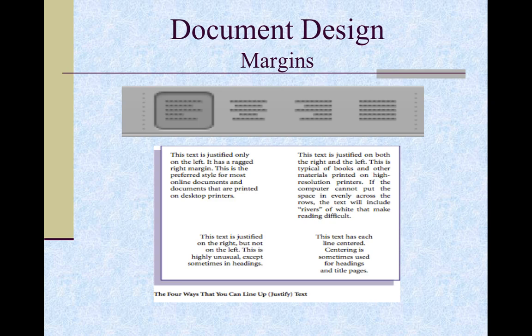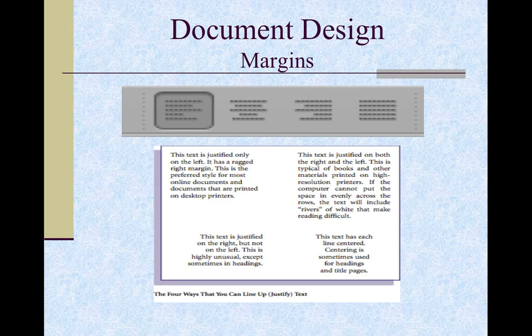We have a text that is centered, okay? And when you center a text, you have ragged left and right edges. Centering is sometimes used for headings and title pages, but usually not used for the body of text in the page.